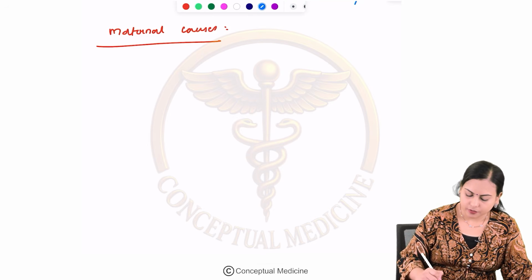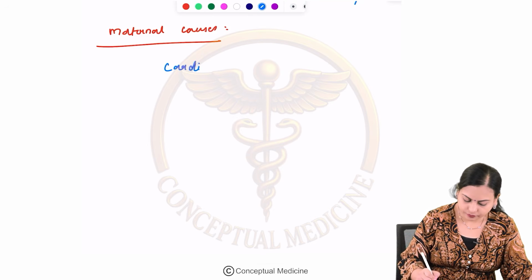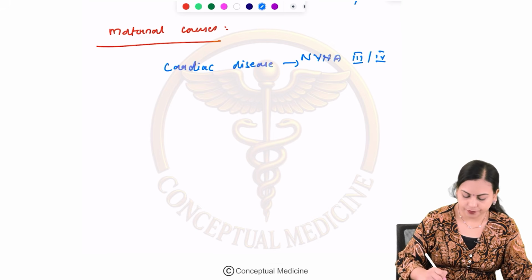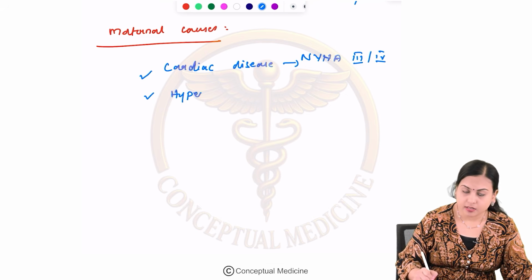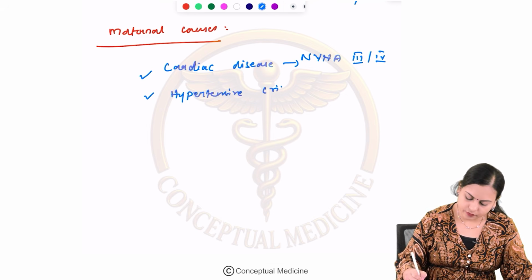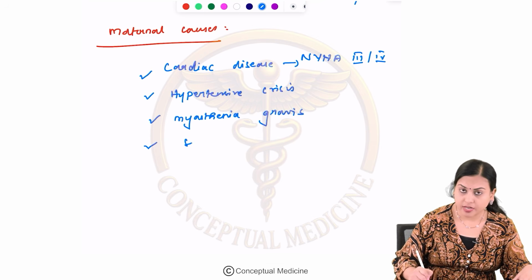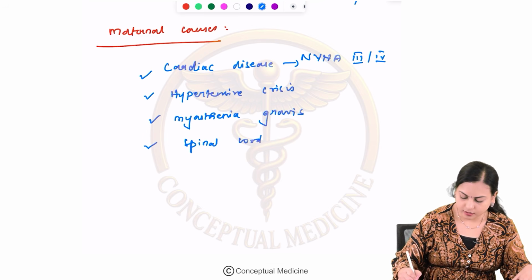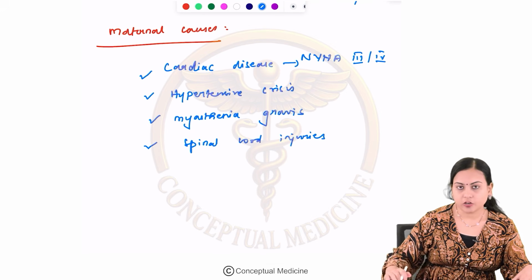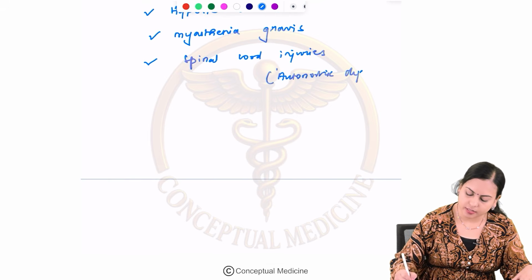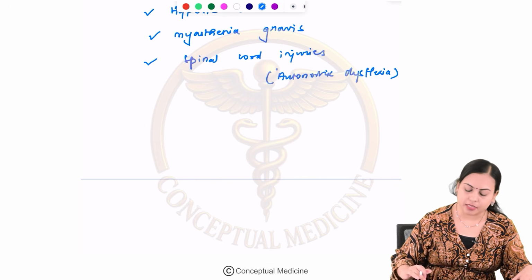Okay, so these may include maternal cardiac condition when she falls under NYHA 3 or NYHA 4, when there is a hypertensive crisis or myasthenia gravis, spinal cord injuries. In spinal cord injuries, there is a risk of autonomic dysreflexia. Okay, this makes natural delivery complicated.